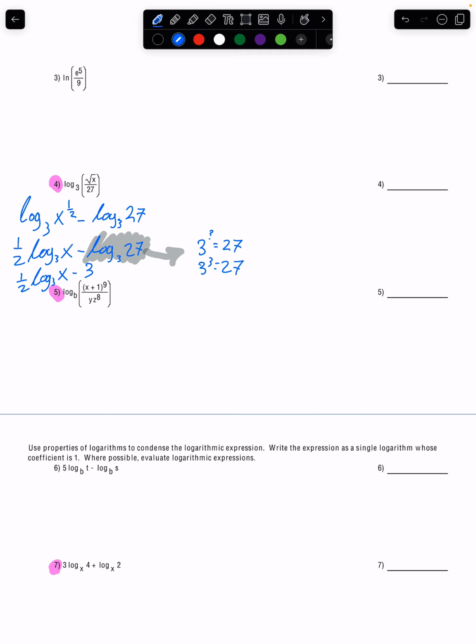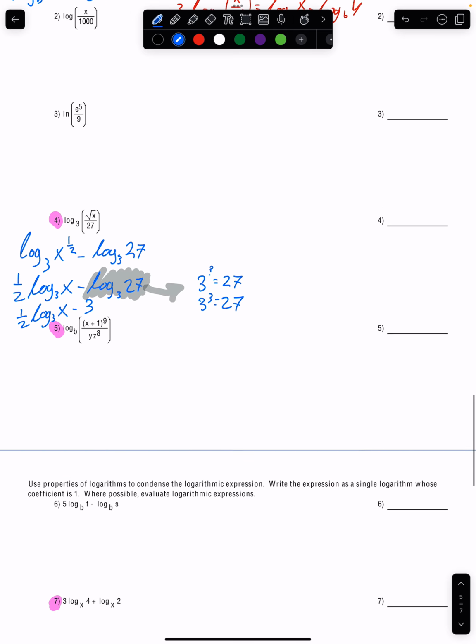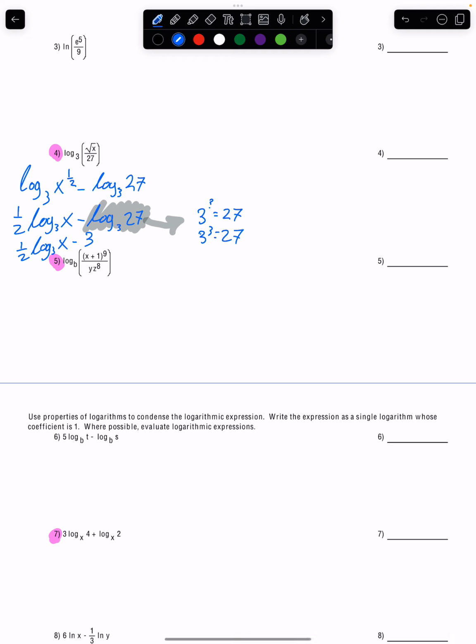Looking at number 5, we have the log base b of that crazy fraction. So we're going to need to use rule number 3 to divide this up a little bit. This is going to change into the log base b of x plus 1 to the 9th, minus, in the denominator, log base b of y, minus the log base b of z raised to the 8th.